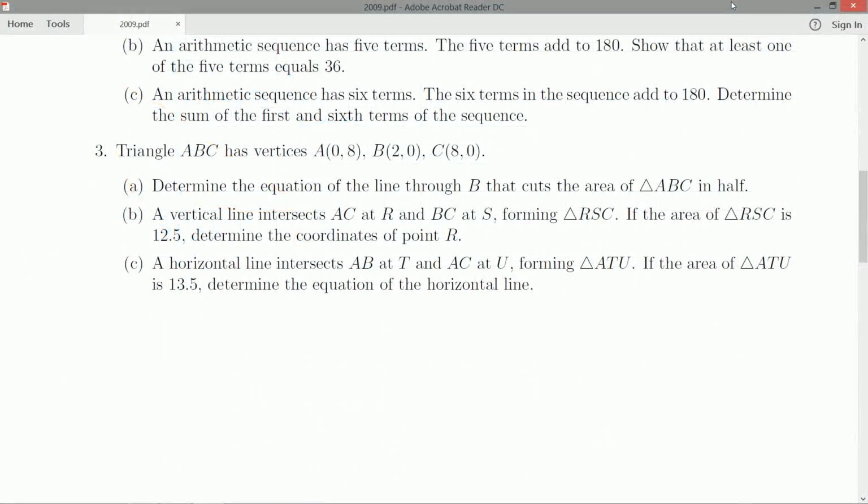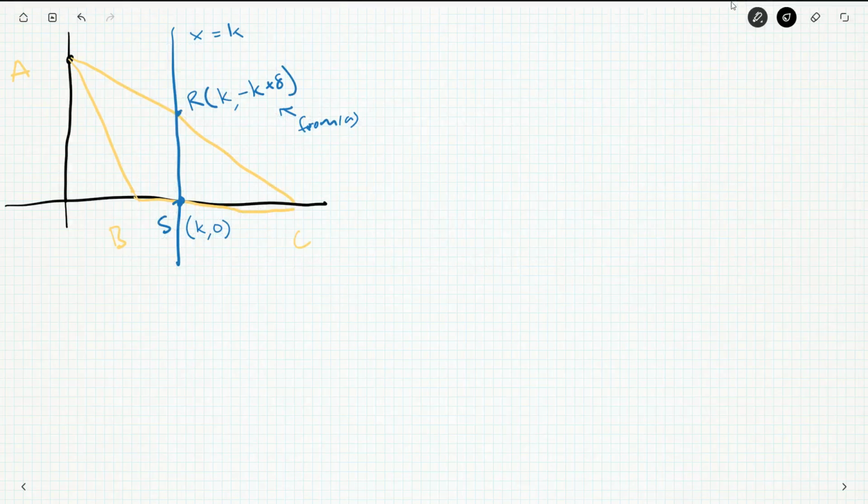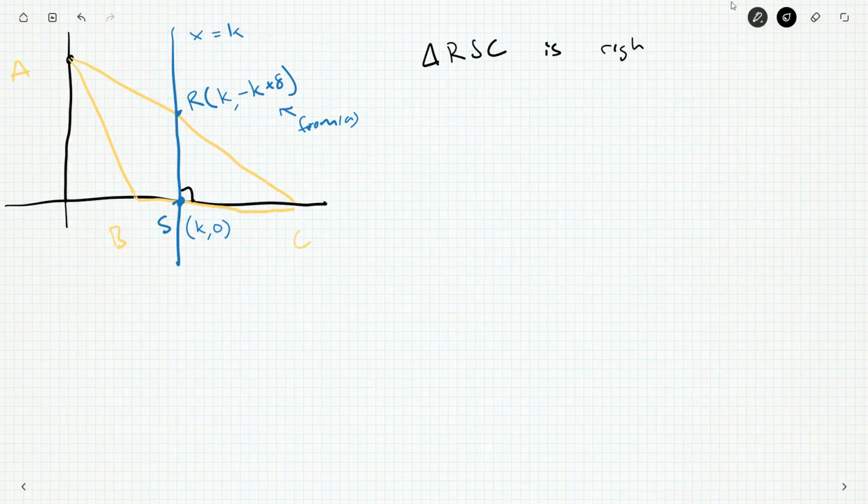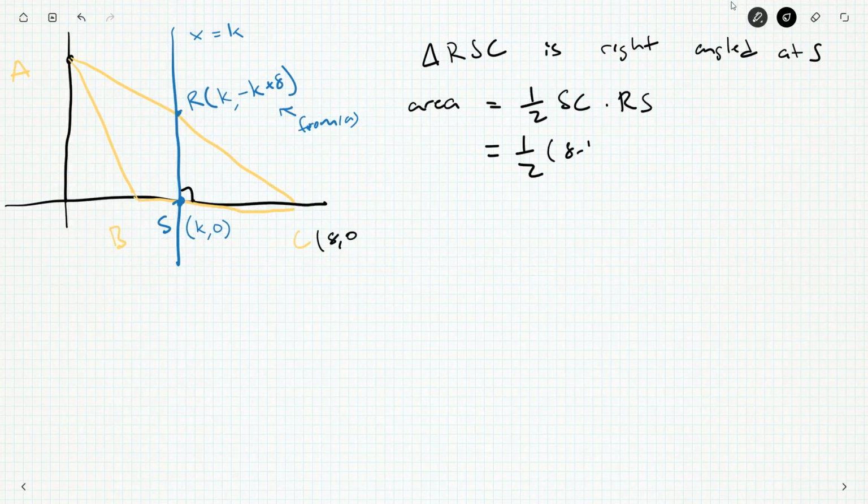We want the area of RSC to be 12.5. Well, it's a vertical line, so we get a right angle. So triangle RSC is right angled at S. So area is 1/2 base, which is SC, times height, which is RS. But we can do better. C is at 8, 0, so SC is going to be 8 minus k.